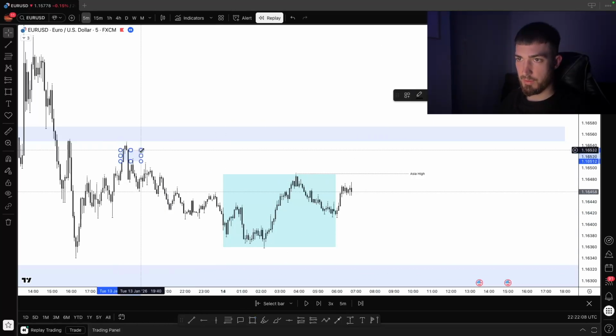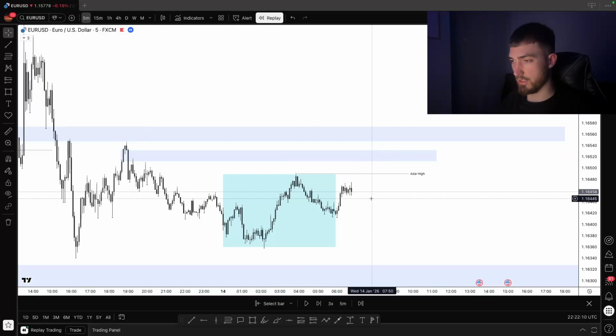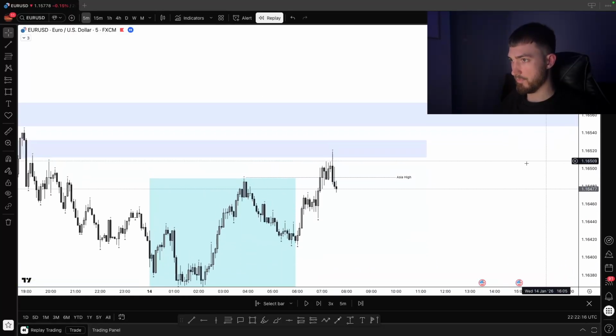So on the 5 minute, you can see we have this inverse fair value gap, which I was actually looking to catch shorts from at that moment in time. You see we got that right there at around 7.25. From here, I was waiting for price to break this fractal low, which we got right there.